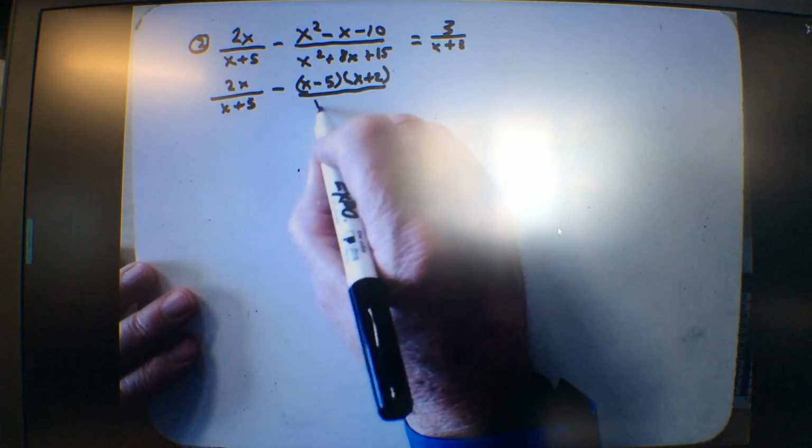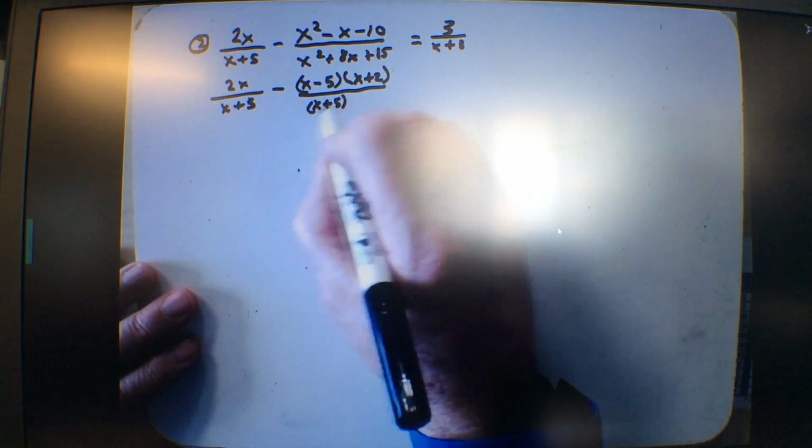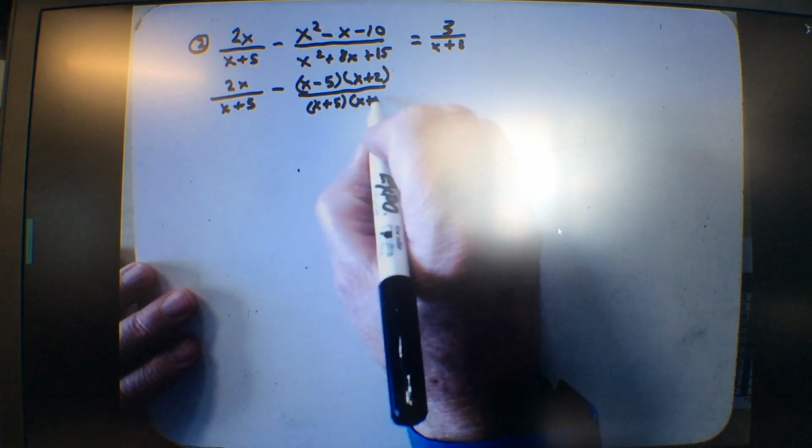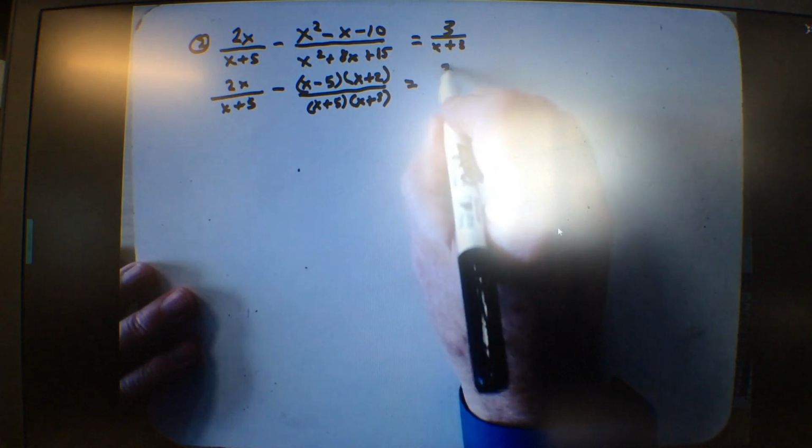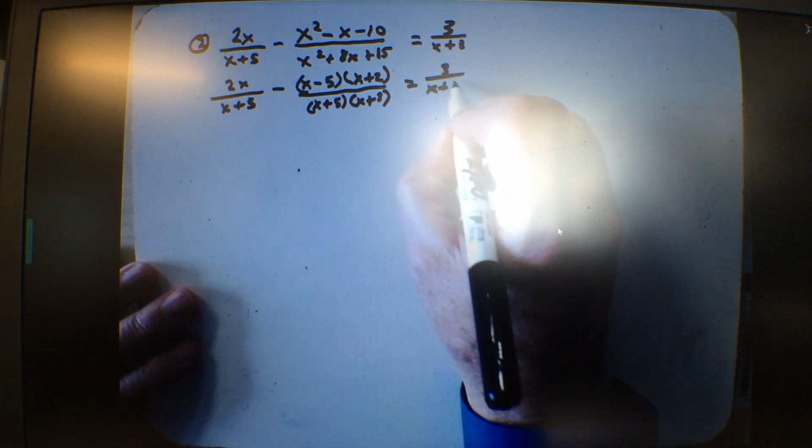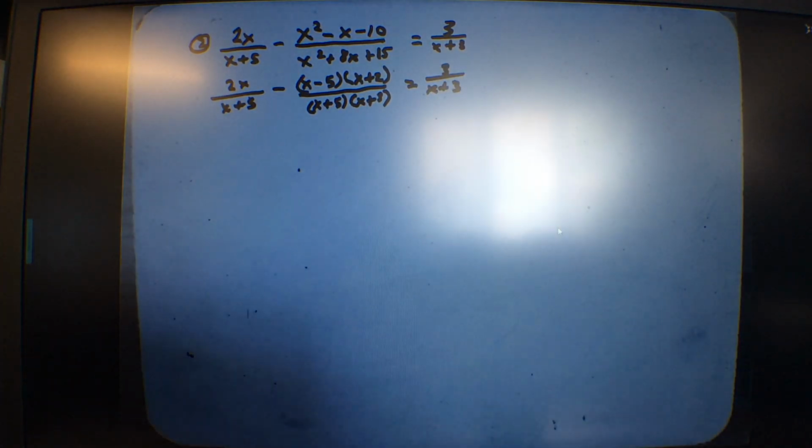Yeah. And on the bottom it's x plus 5 and x minus 3. So that was a bust, wasn't it? It was a bust because you can't cancel anything. So we good?